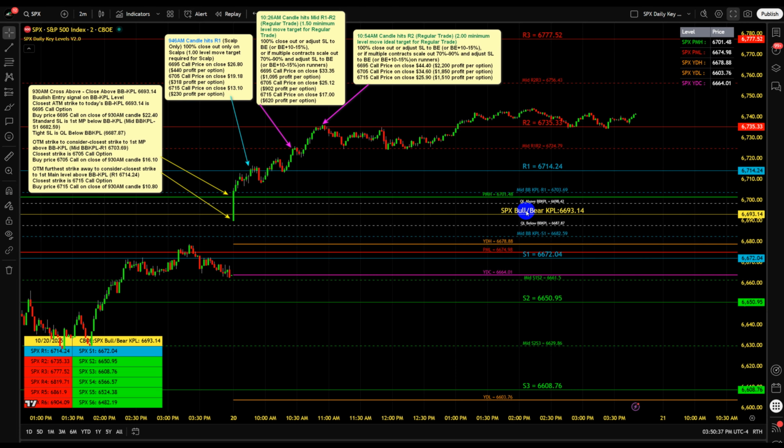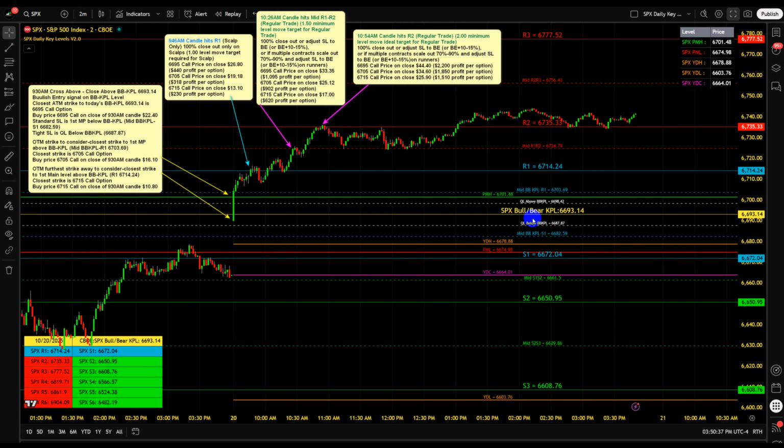If instead this was a bearish trade and price had done the reverse and closed below, and we were looking at a put, then it's the same thing, this is the level we're trading. However, the stop loss would be reversed.